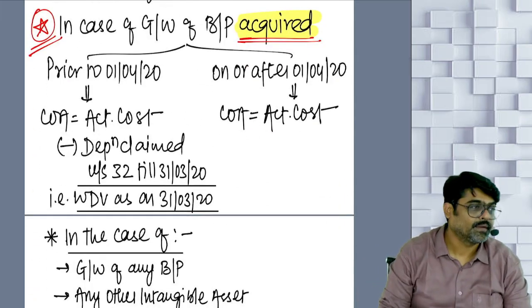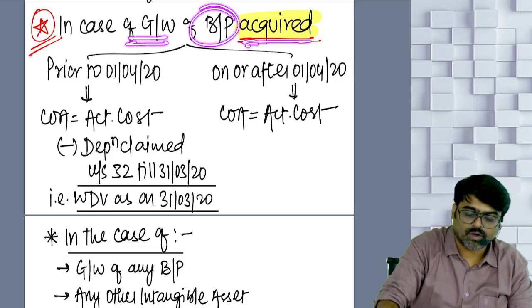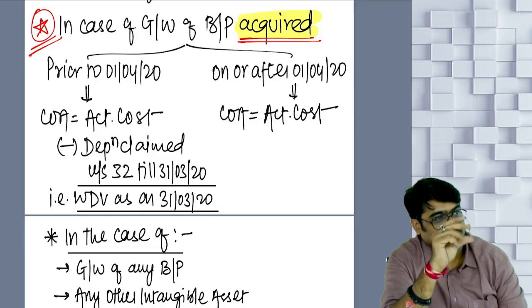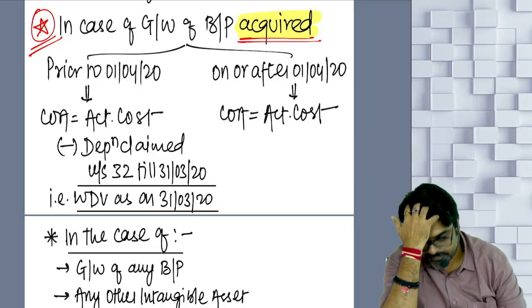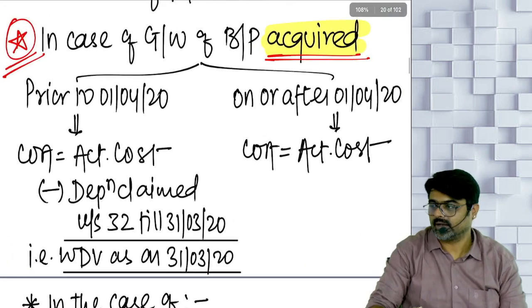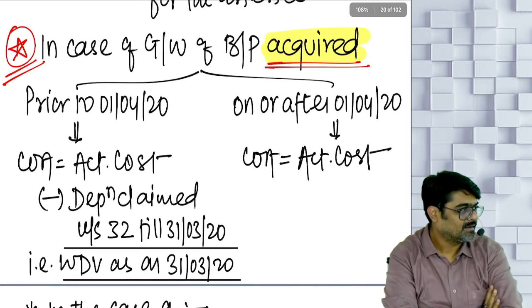Now, if goodwill of business or profession was acquired, do you remember such a thing? I've already told you under PGBP. Read this, you will come to know. I know that you will not remember anything like this, but still, I'm trying my luck.